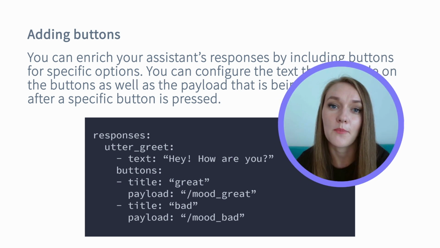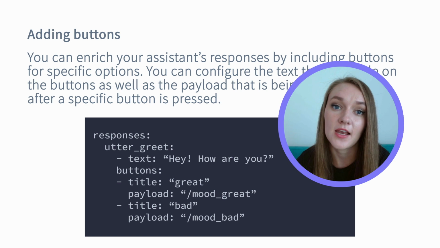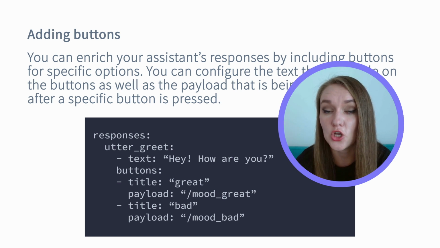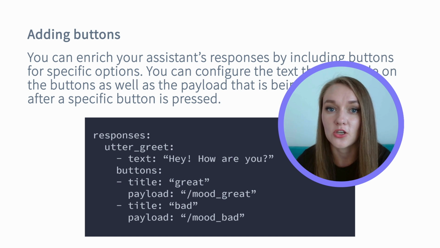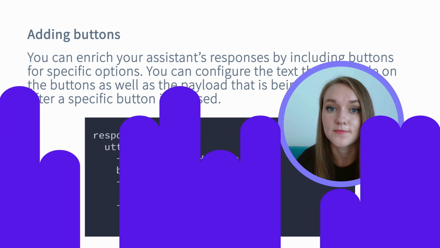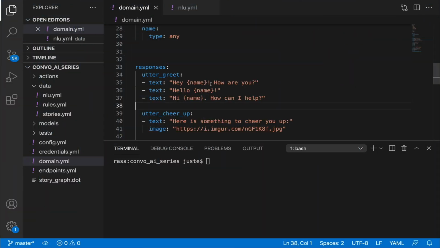The way buttons are presented to the user will highly depend on the user interface that you are using for your assistant. Some interfaces have a limited amount of buttons that they can show on the screen, and that's why you should always have a look at the documentation for a specific user interface that you would like to use for your assistant.